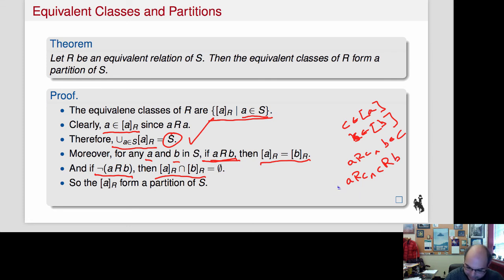This would imply that A is related to B, because of transitivity. And since A is related to B, the equivalence class of A is the same as the equivalence class of B. So if A is in fact not related to B, then the intersection has to be empty. So the equivalence classes actually form a partition. They satisfy both properties.